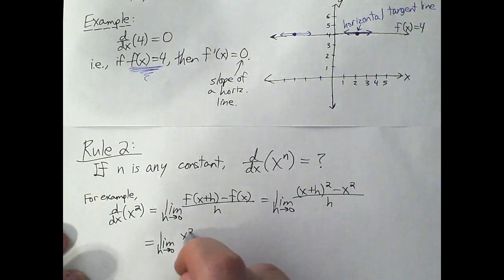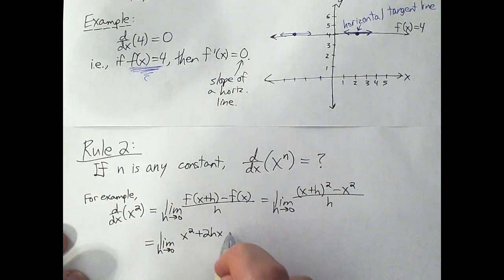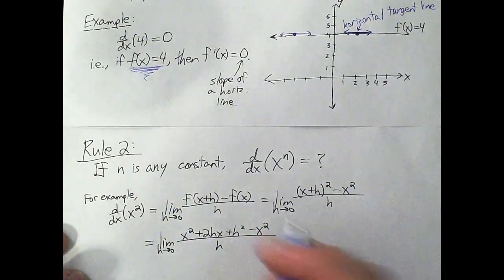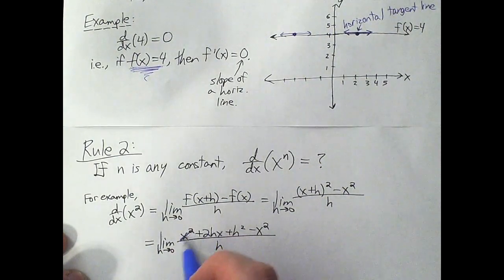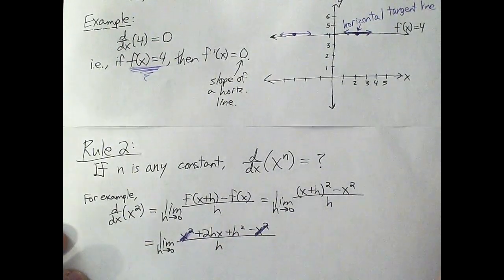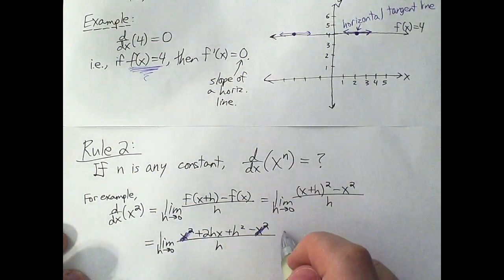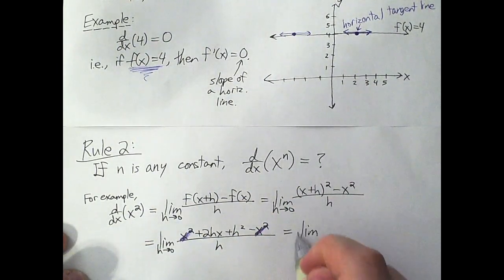So this is x squared plus 2hx plus h squared minus x squared, all that over h. Actually, it's good practice that we're doing this anyway. Get one of these kinds of derivatives done today from scratch.